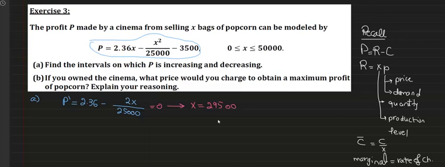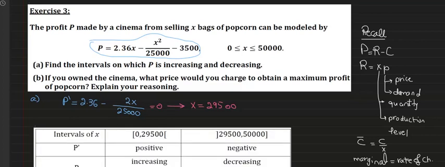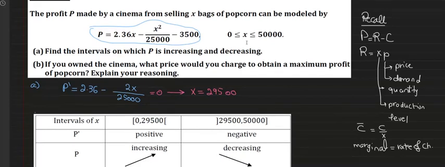Now we need to test the function around this value, where we will divide the number line. Now if x varies from 0 to 50,000, so from 0 to 29,500, which we got as a critical point, we will test the p dash and we will get a point in between. We might use, for example, 1 or any value in that interval.